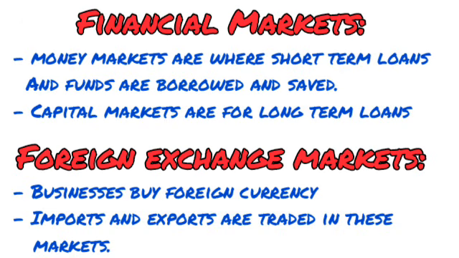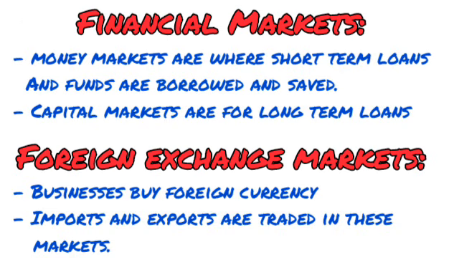The money market is where short-term loans and funds are being borrowed and saved. So remember when we were discussing withdrawals, we said that the first withdrawal is savings. Where do we save? We save in a bank, and savings are usually a short-term fund. So those savings are done in the money market because you are doing things for the short term.